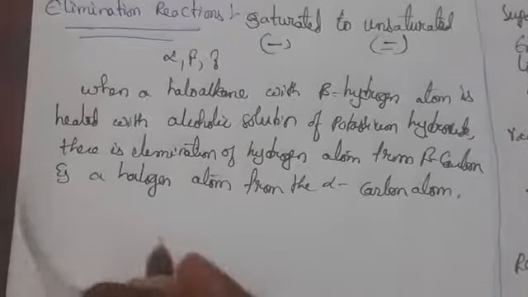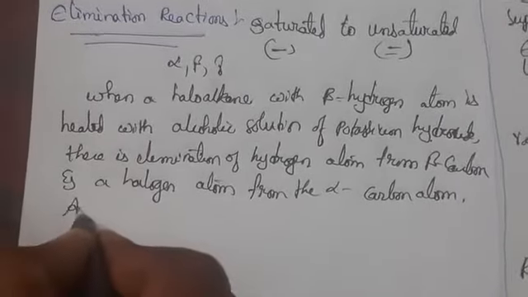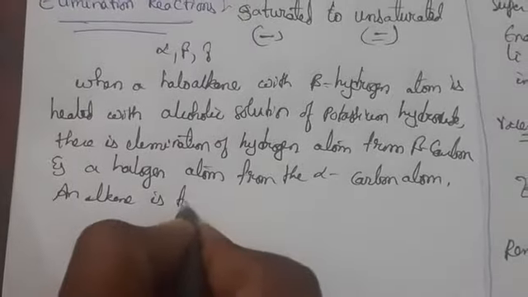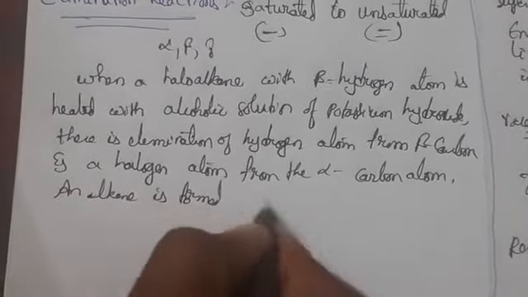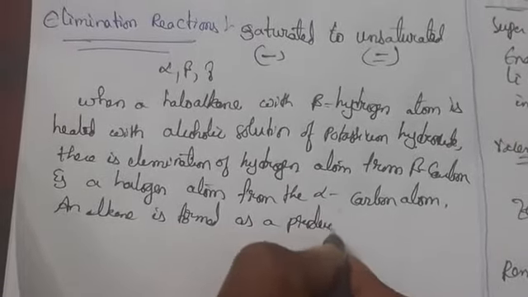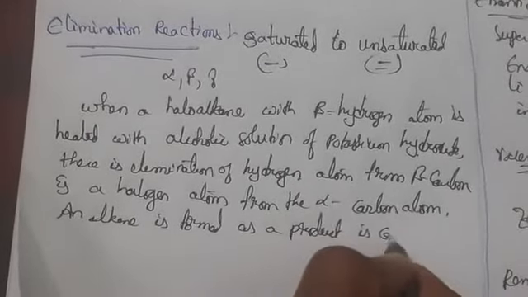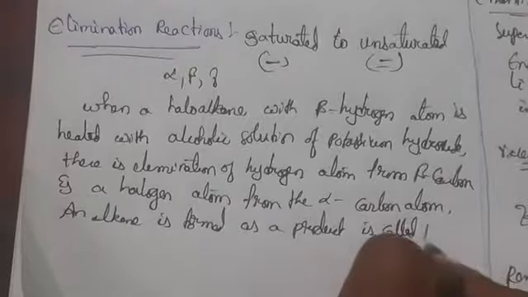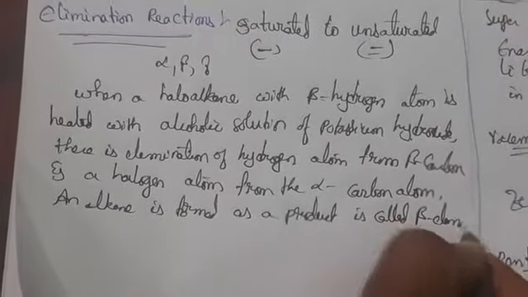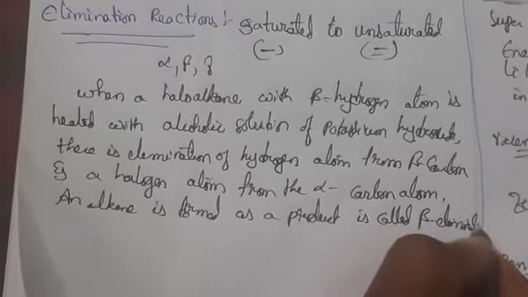An alkene is formed as a product. This we call beta elimination.